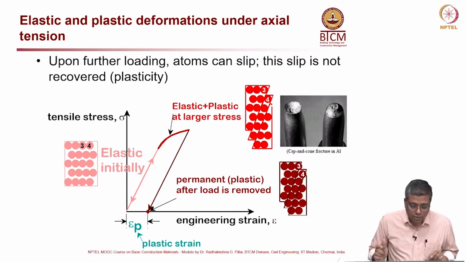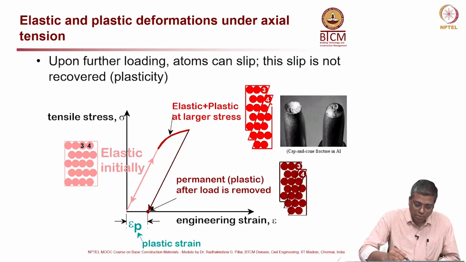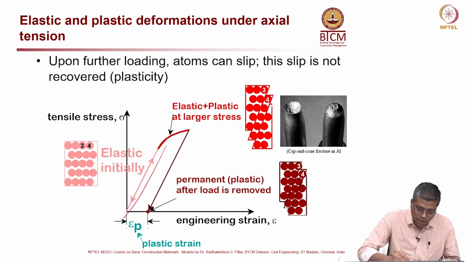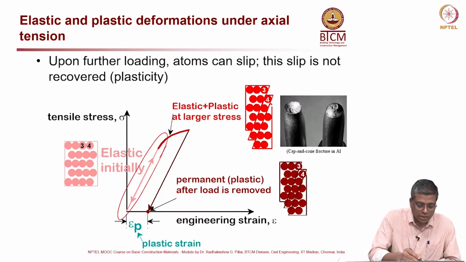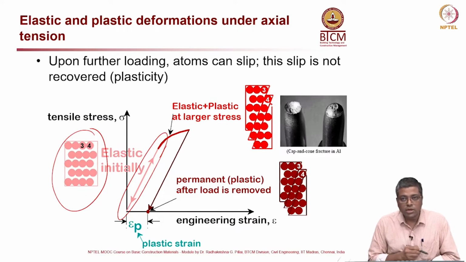Now, whatever I showed in the previous slide is this part here, the initial elastic region, where you can see in this sketch points 3 and 4. You have to monitor the relative position of 3 and 4 in this whole sketch.